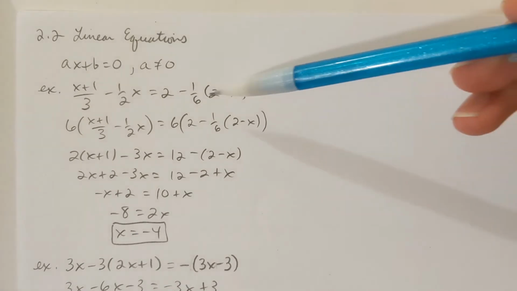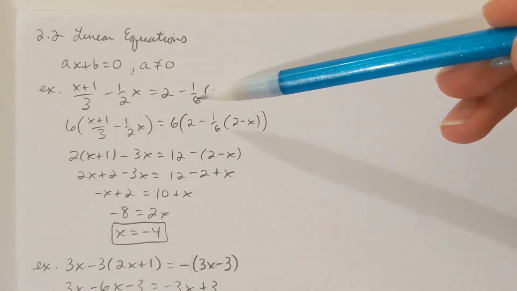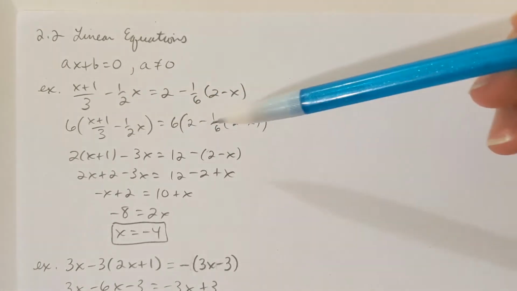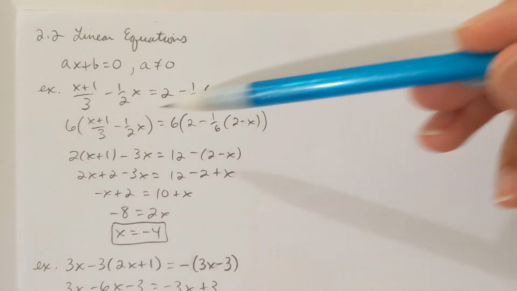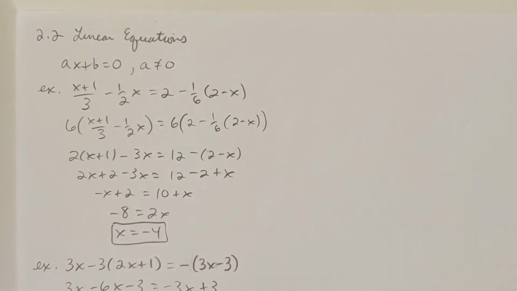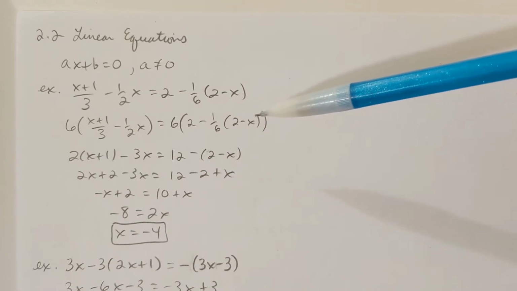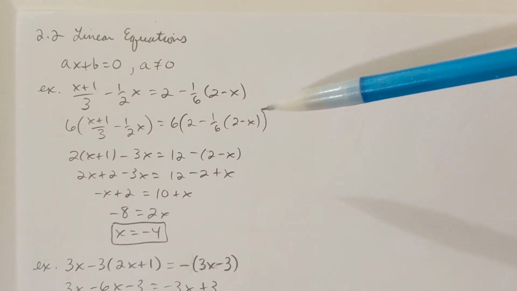To do that, I'd want to multiply by the common denominator, which would be 6, on both sides. So 6 times ((x plus 1)/3 minus 1/2 x) equals 6 times (2 minus 1/6 (2 minus x)).